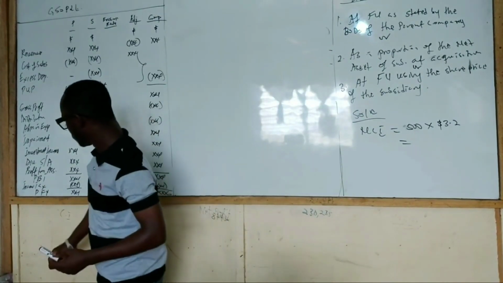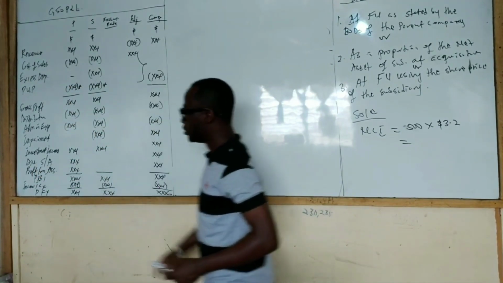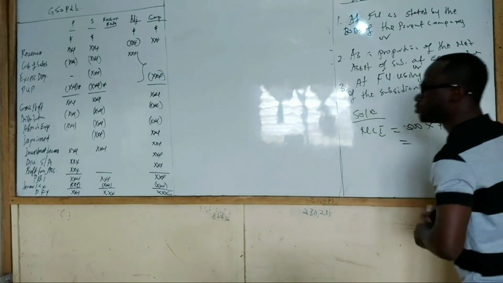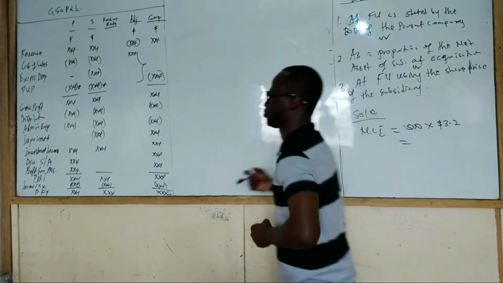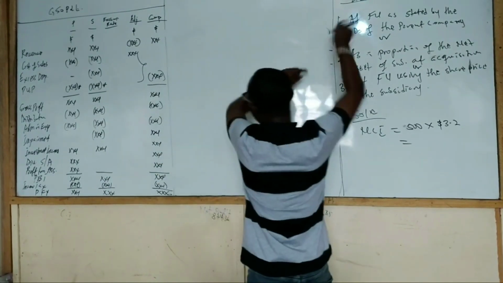Where? Dividend from associate or subsidiary. Now my space is exhausted. The last line I'll add it here.